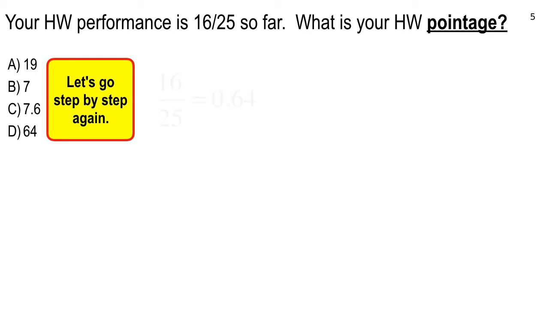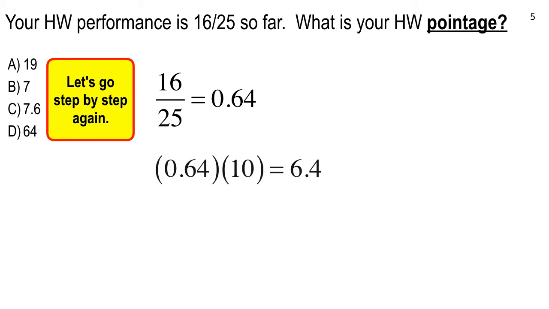16 out of 25 is 0.64, 64%. Then multiply that by 10, that's 6.4. Now, you always round that up to 7, to the next higher number. And look, if you were in math class and trying to round off a number, that one would round off to 6.